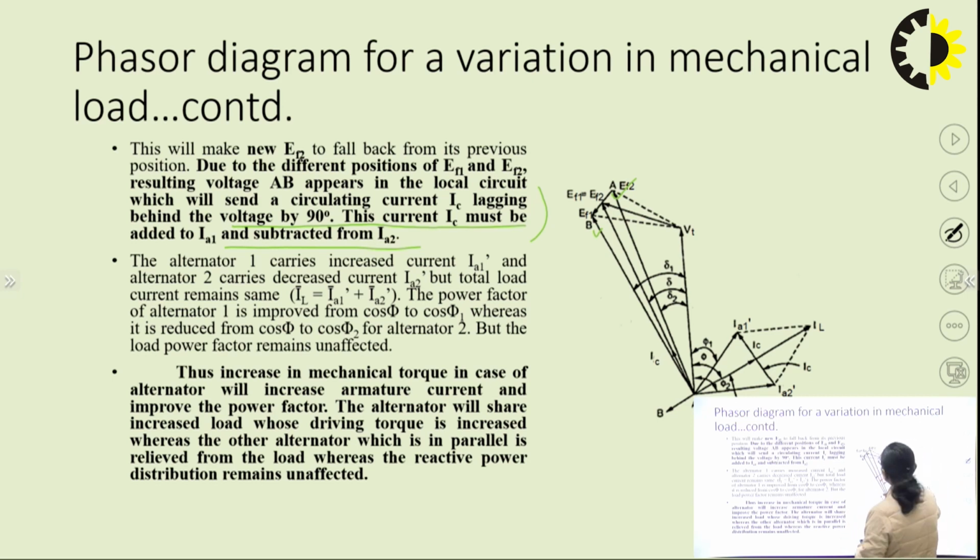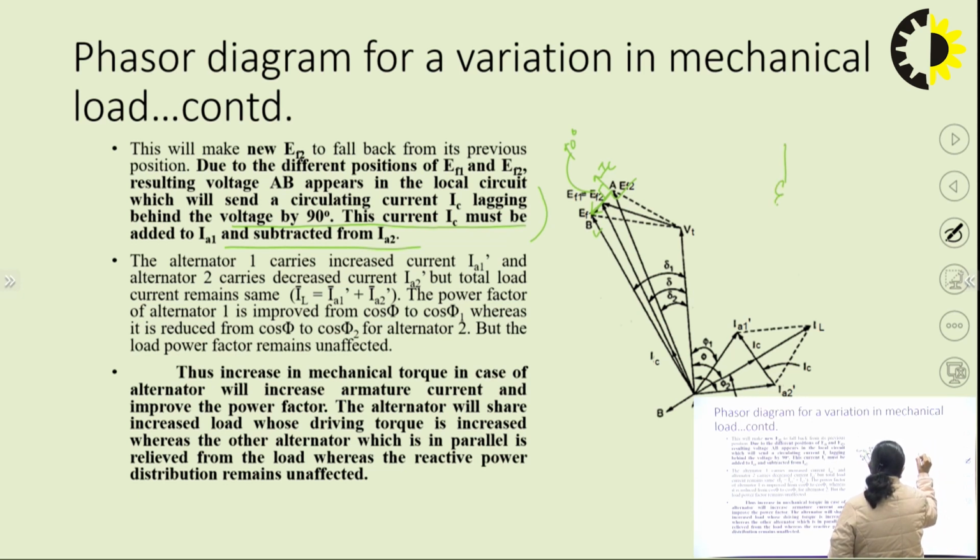So, the voltage VAB, or simply the phasor AB of the voltage, is here. The circulating current must be lagging behind this voltage by an angle of 90 degrees. Now, you see this circulating current will get added to the current of alternator 1 and it would be subtracted from the current of alternator 2, as the direction of current is from alternator 1 to alternator 2.